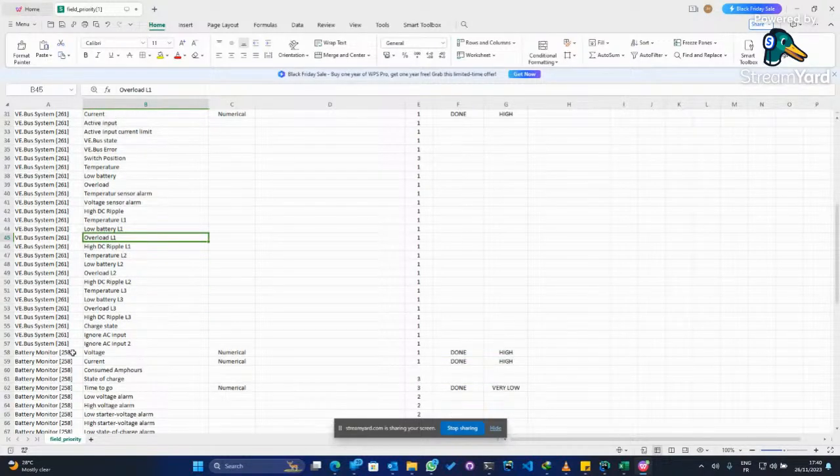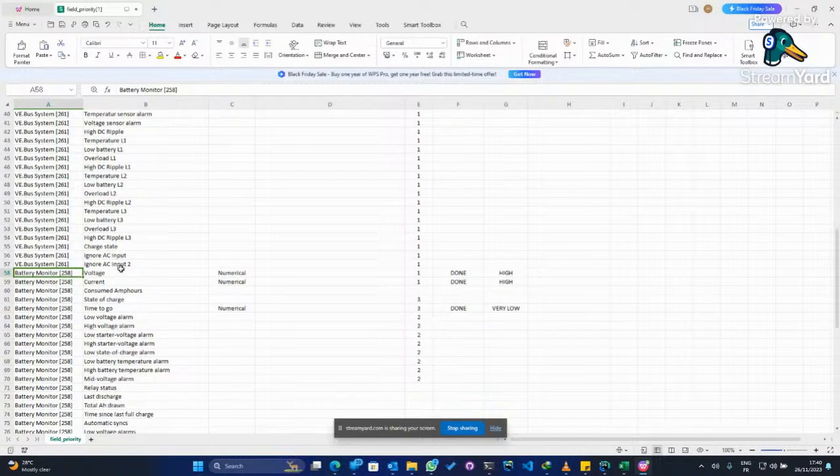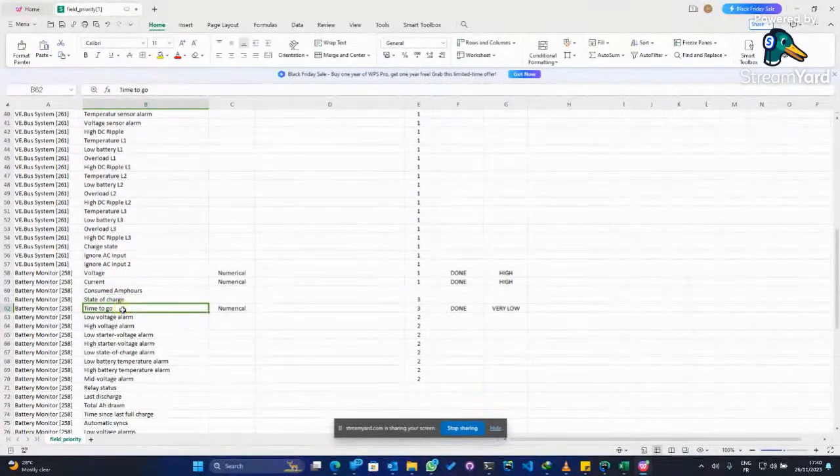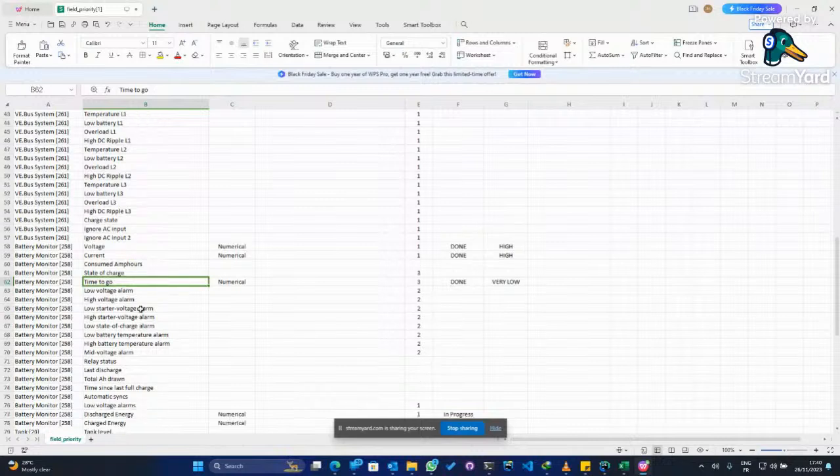And then you have the battery. We switch to the battery monitor. The battery monitor, naturally, has the voltage, its current, the consumed ampere hours, the state of charge, which is a categorical variable, the time to go, which is numerical, and other parameters.